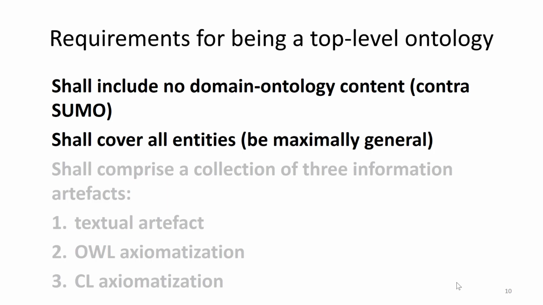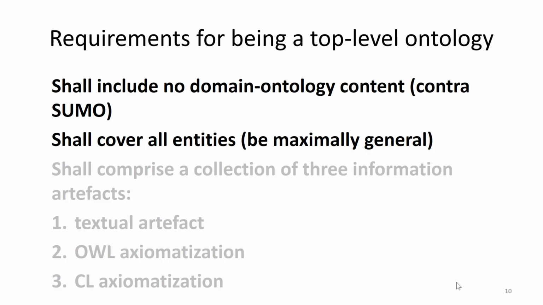Okay, so now the requirements. First of all, the ontology should include no domain ontology content. SUMO is not a candidate for being a top-level ontology because it's full of bits and pieces of biology and physics and so forth. Not all of those bits and pieces are acceptable to biologists or physicists, which is one of the reasons why a top-level ontology is needed, because then you're not saying anything about physics or biology, and therefore you're not risking being incompatible with what physicists or biologists want to find in their ontology.